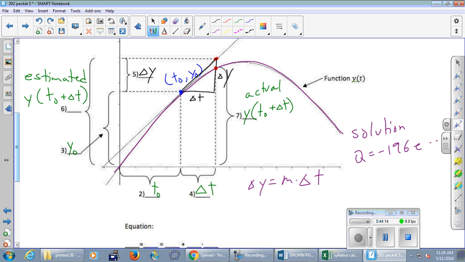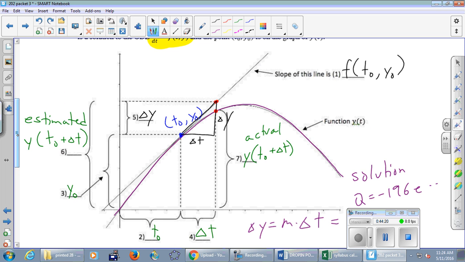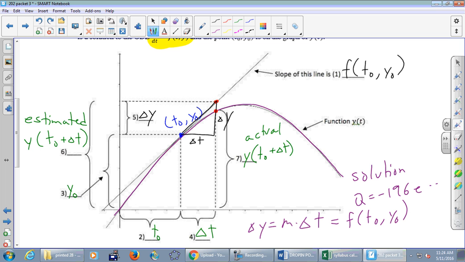Delta t. Okay, so it's m times delta t. And the m for that triangle is, I want to call it this f of t0, y0, right? That's the m, that's the slope of that particular line. So the m becomes this thing up here in black, f of t0 comma y0 times delta t.